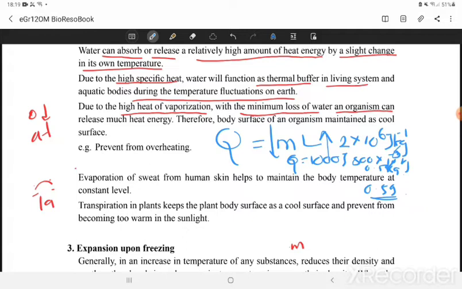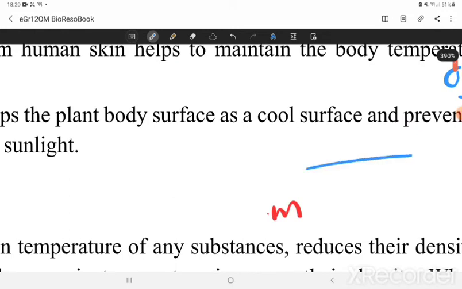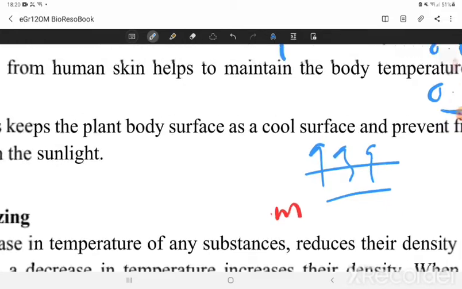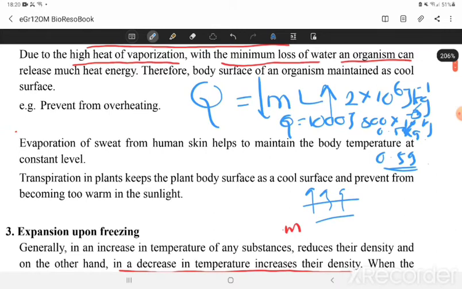When the water in the sweat evaporates, what happens? The water traps energy from your body, takes the heat energy and evaporates. Therefore, the body surface of an organism is maintained as a cool surface.